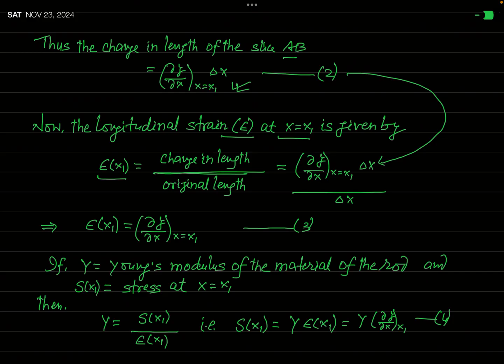What is its original length? You can easily say that this is simply delta x. So this delta x and this delta x will cancel out, and the longitudinal strain epsilon of x1 is equal to del y by del x at x equal to x1.